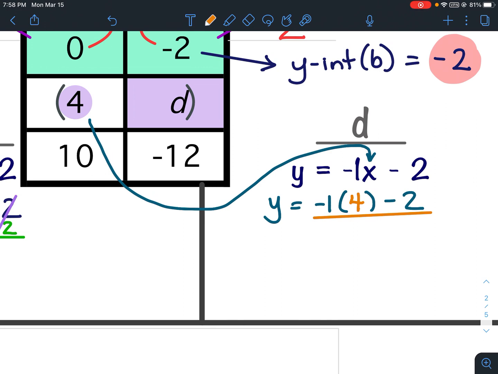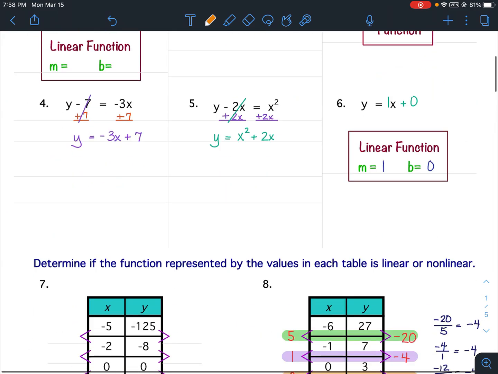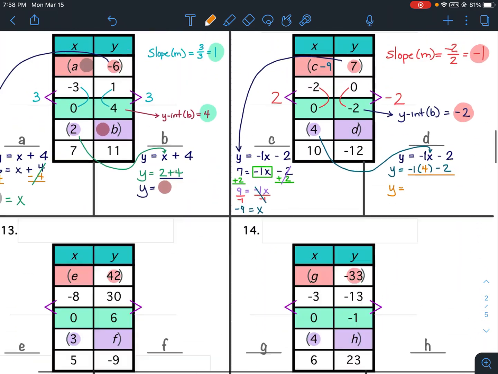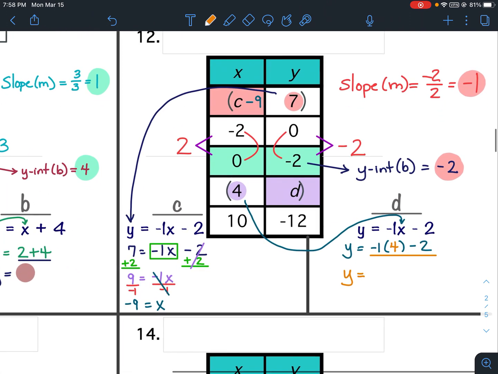Put all of that in your calculator at once.